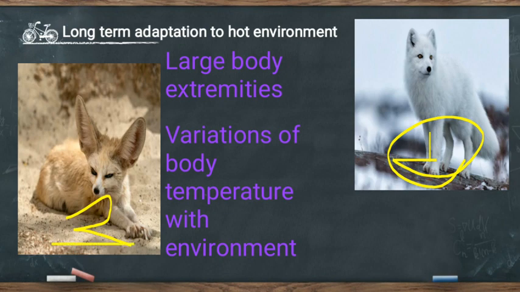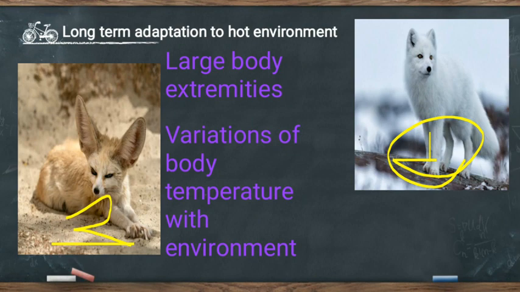Animals in warm climates frequently have large body extremities such as ears compared to their counterparts that live in very cold environments. One example is the Arctic fox and the African fox. This is the African fox, fox number 2, and the Arctic fox, the fox that lives in a cold environment.